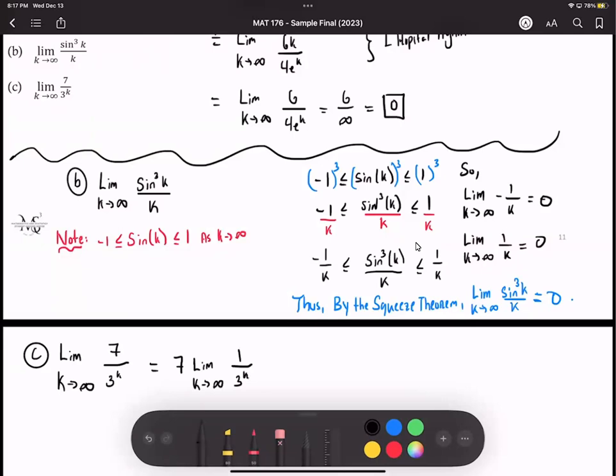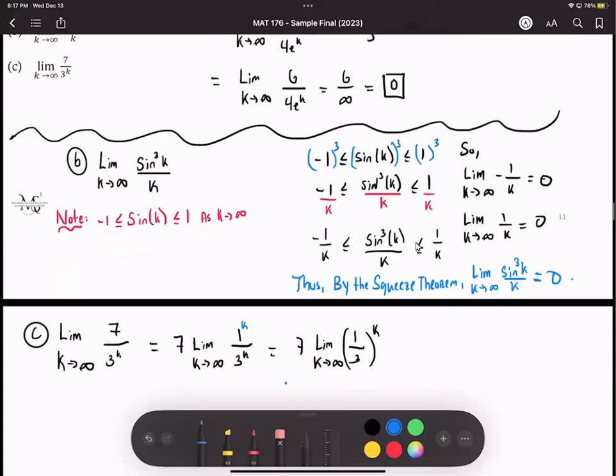You should be able to recognize what your r is, because technically, if I had 1 to the k here, 1 raised to any power is always what? Itself, which is 1. So what we have is 7 times the limit as k approaches infinity of 1 over 3 to the k power.